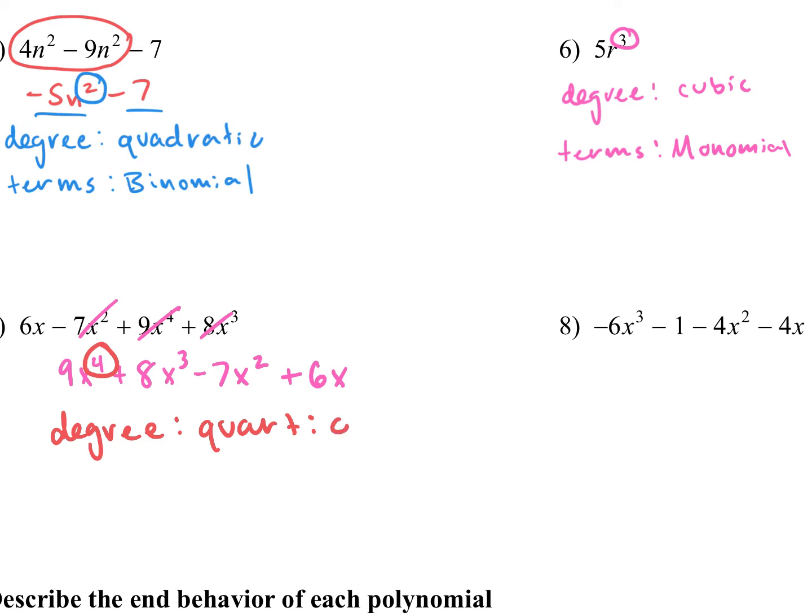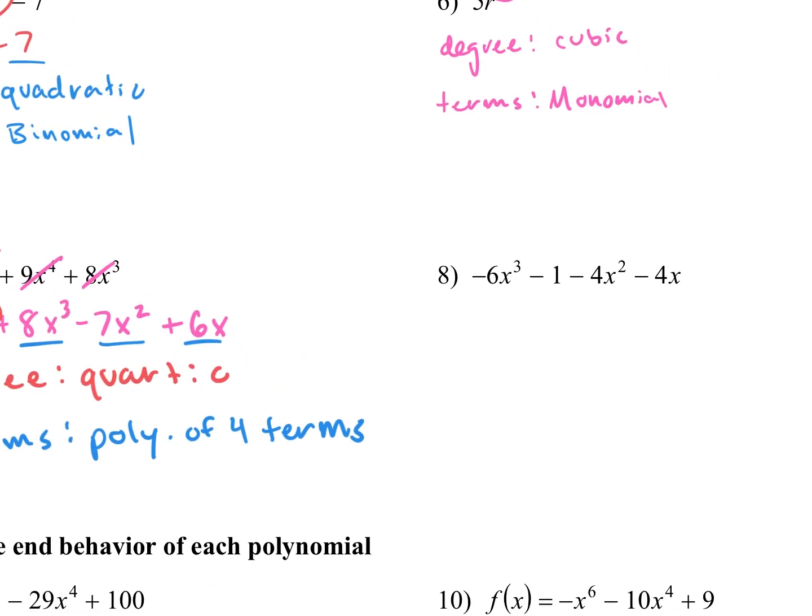And then how do I classify it by the number of terms? Polynomial of 4 terms. What if I had 5 terms? What would I call that? Polynomial of 5 terms.